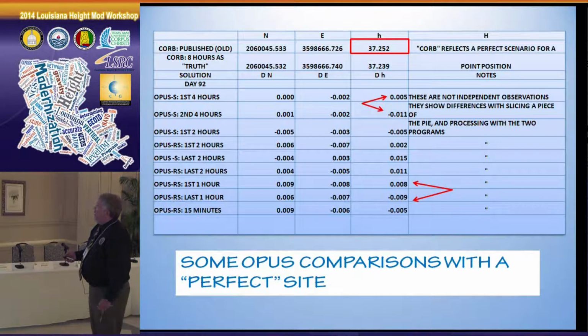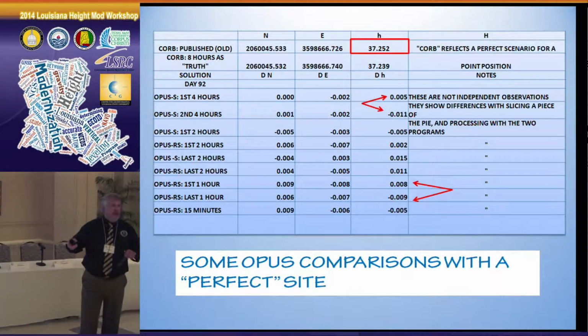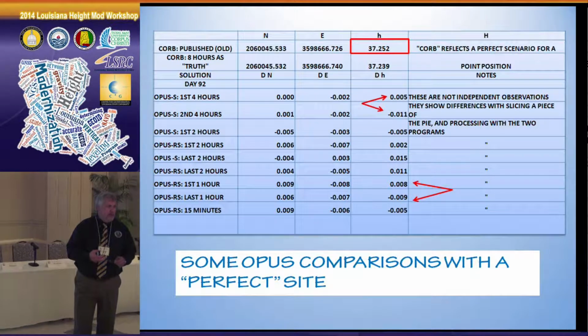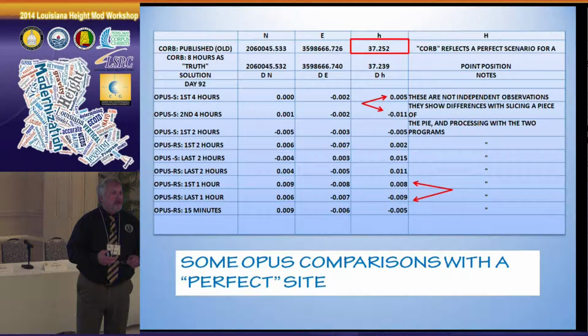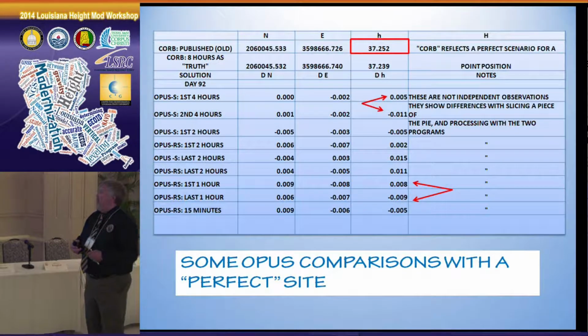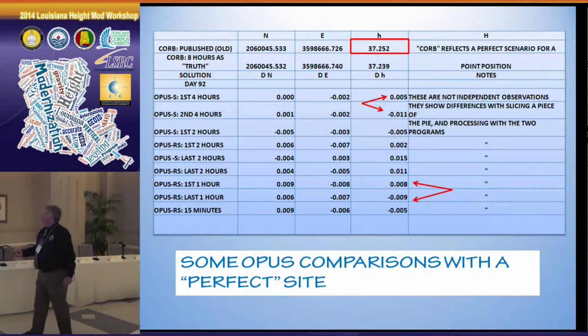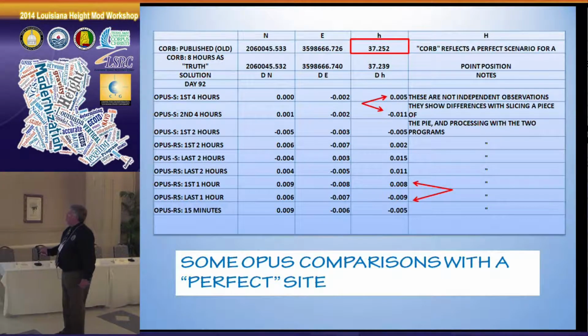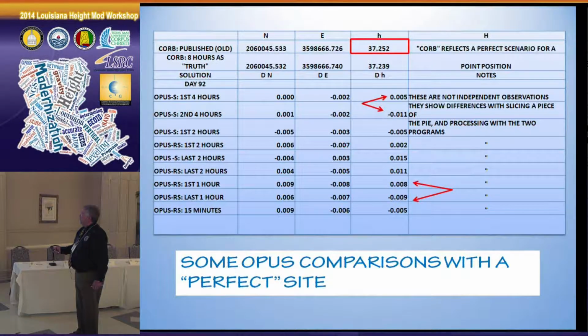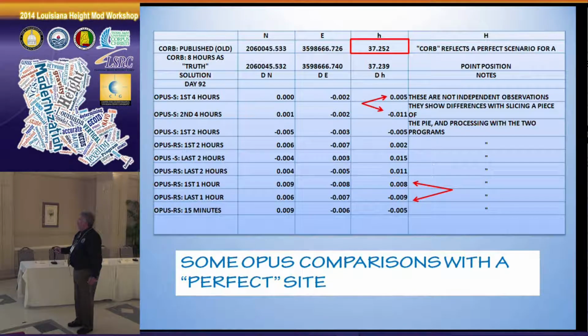So what you'll be getting by doing it this way is a couple of centimeters, and that's what you'll be batting around. Same thing here, OPUS Rapid Static the first hour, OPUS Rapid Static the last hour, plus 8 and minus 9 millimeters, almost 2 centimeters there.